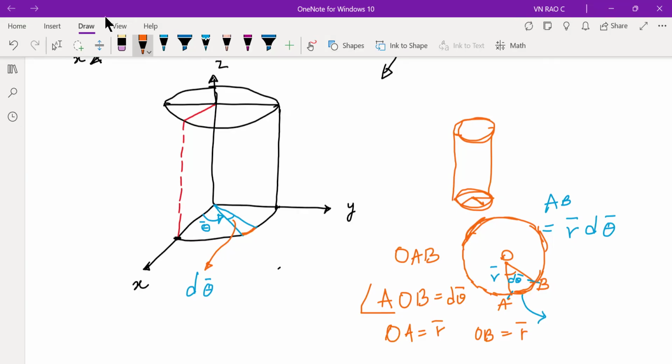As of now, I am taking d theta bar. So what is the length? The length of the arc is given by this formula, radius into angle. Next, I project these two from this place to the upper portion.